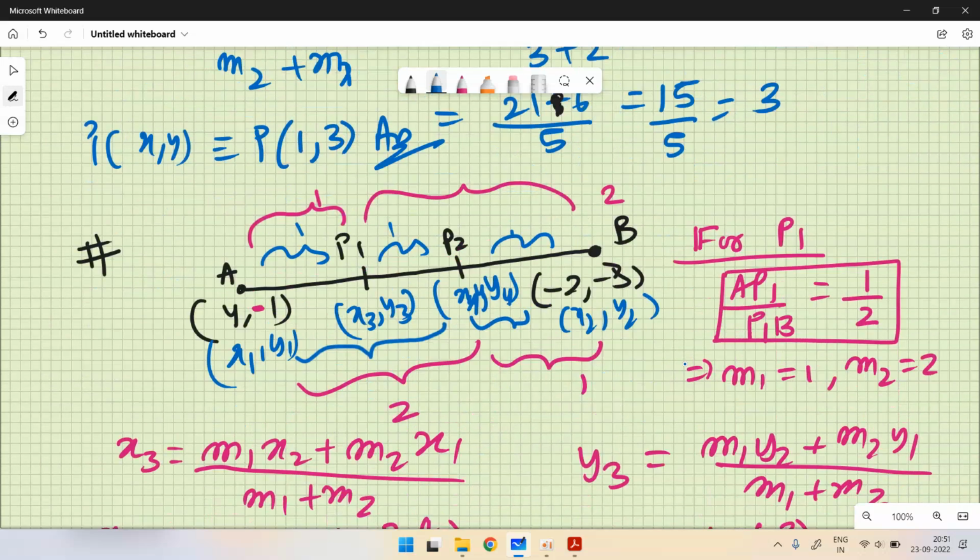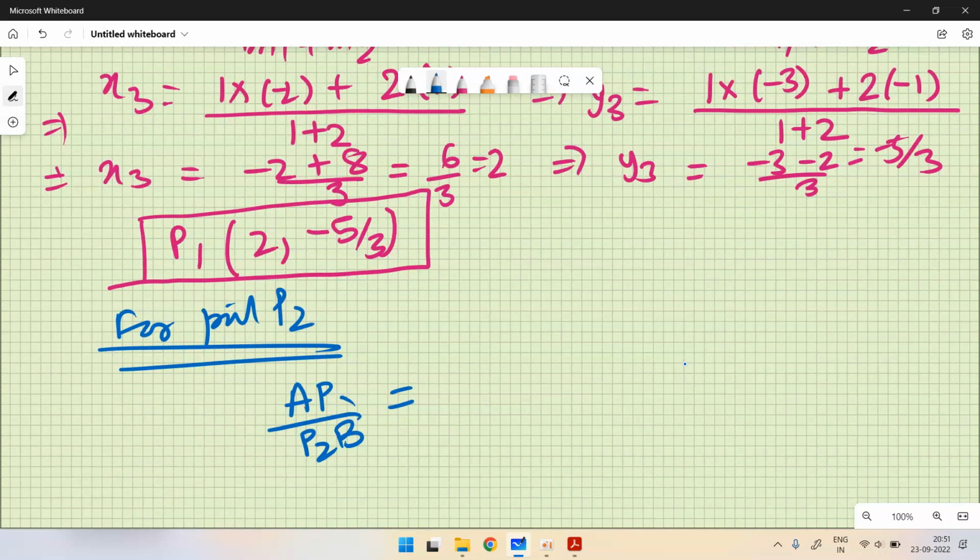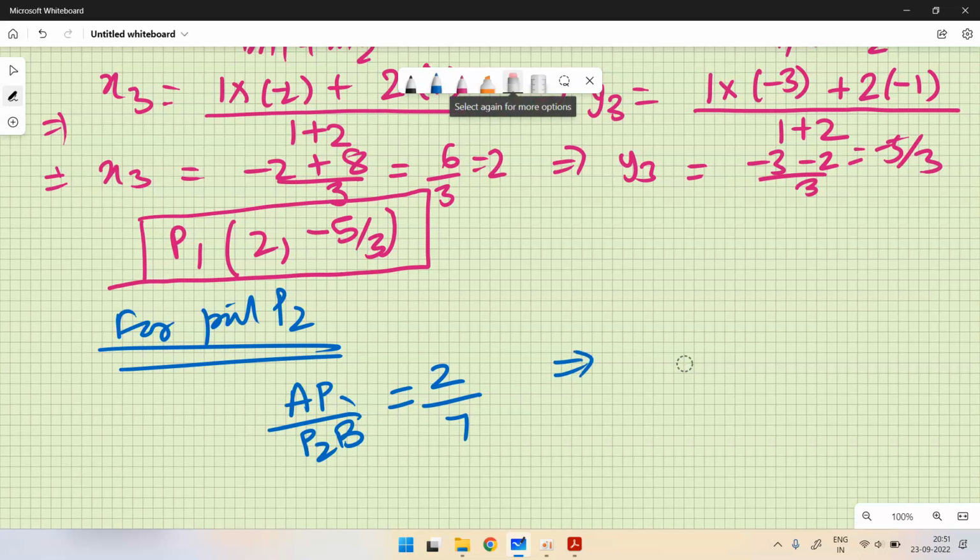So 2 is to 1. So this is 2 and this is 1. And M1 is 2 and M2 is 1.